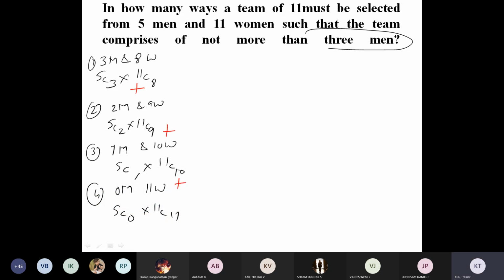Instead of doing this, let us do this same problem in a shortcut method. In the shortcut method, total how many people? 16. From that we have to select 11. How come 16?